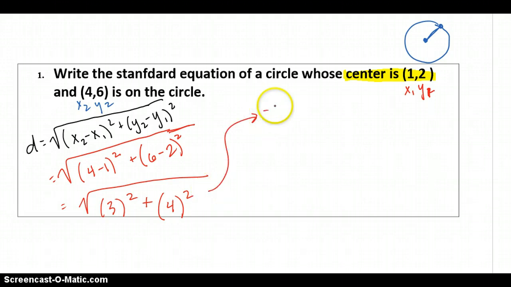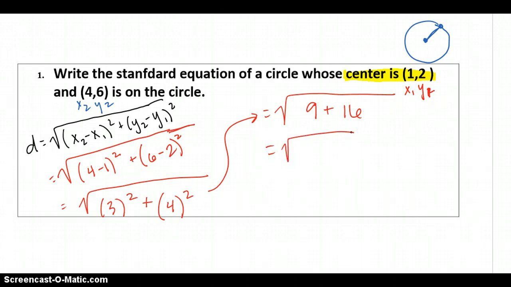Again, I want to do everything inside the square root first and the square root last. So 3 squared is 9, plus 4 squared is 16. 9 plus 16 is 25. What's the square root of 25? 5. So that distance between the center point and that point on the edge of the circle gives me my radius. Therefore my radius must also be 5.